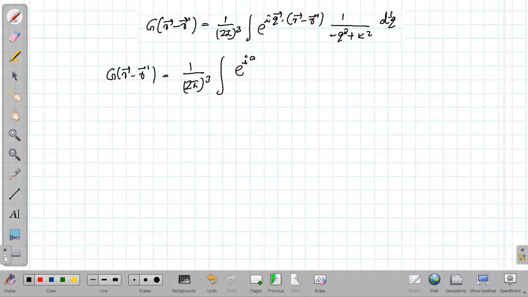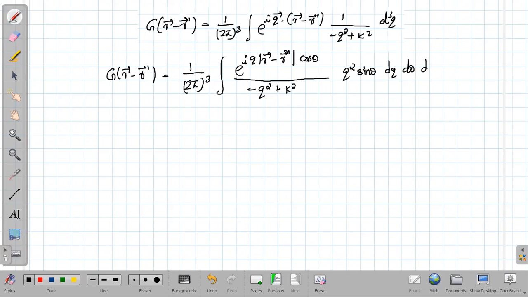So this becomes i times modulus q, modulus of r minus r prime, the cosine of angle theta, divided by minus q square plus k square, and d cube q will take the form q square sine theta dq d theta d phi.